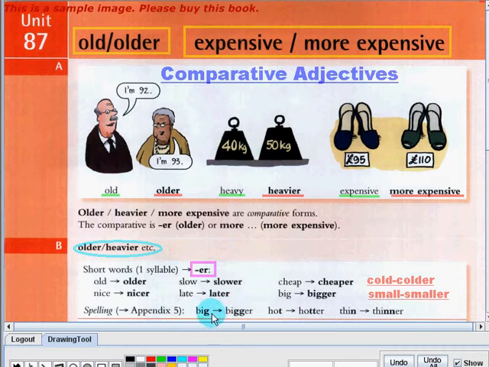Big, bigger. It's consonant, vowel, then consonant. That's why we doubled the letter G to make the comparative form of big. Next sample: hot, hotter. Thin, thinner. So did you get it?